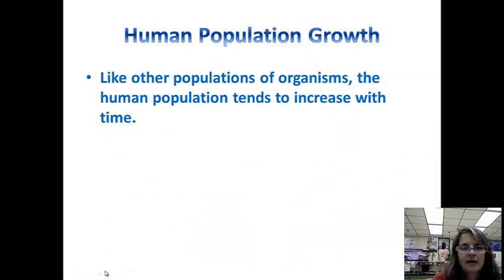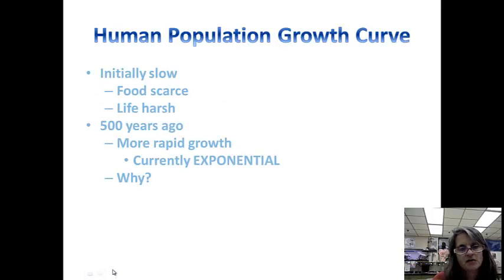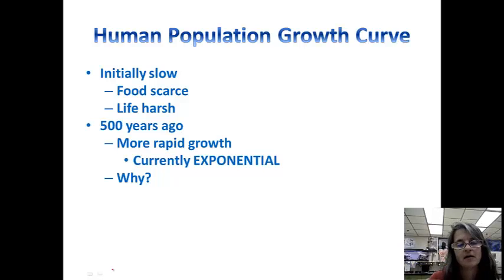Okay? Now, let's talk about our population, human population growth, okay? Of course, just like any other population of living things, human populations tend to increase with time, and the human population growth curve looks very much like a growth curve we've seen already.